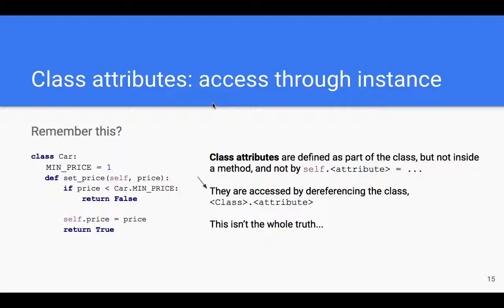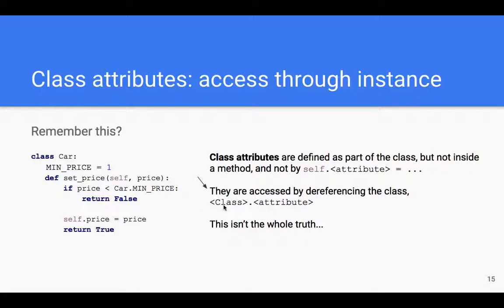Okay, so now there's something kind of interesting about class attributes that we have to talk about. This is what we said a little earlier, that the class attributes are accessed by dereferencing the class.